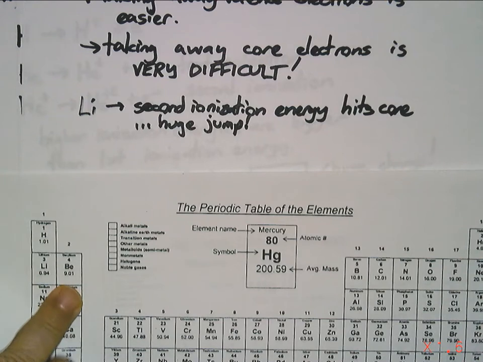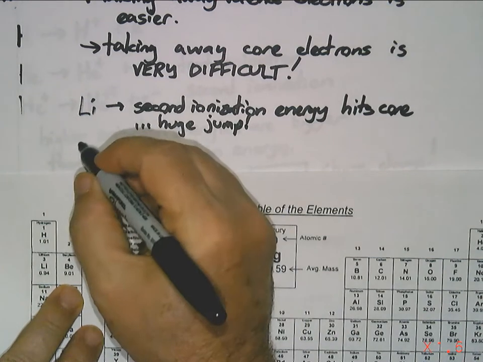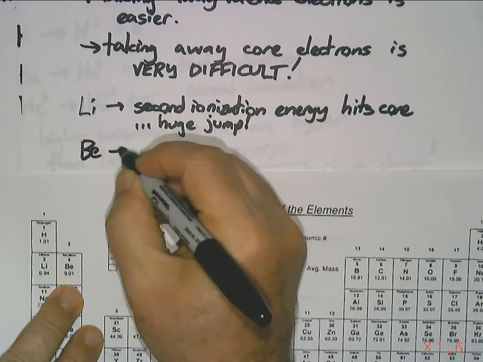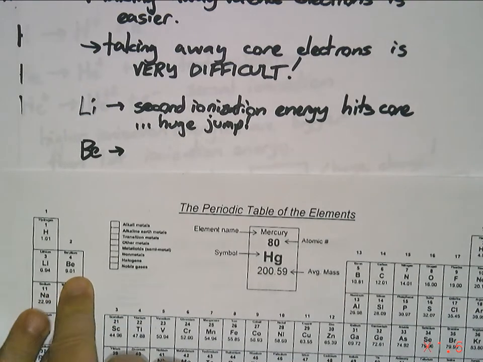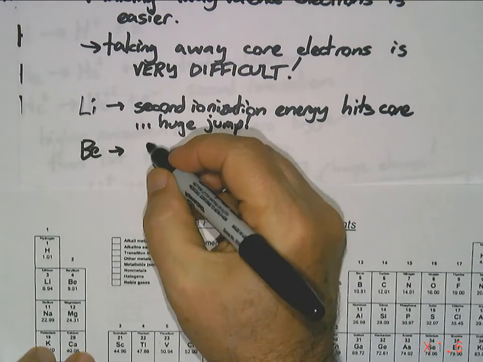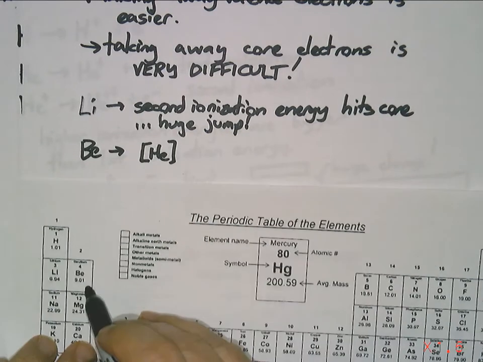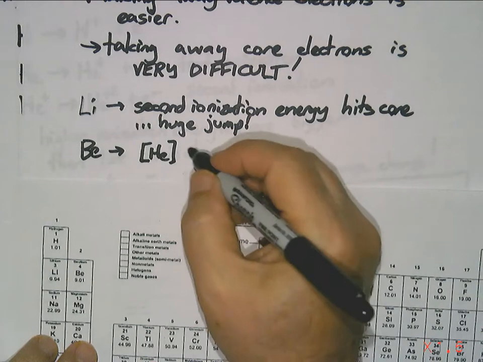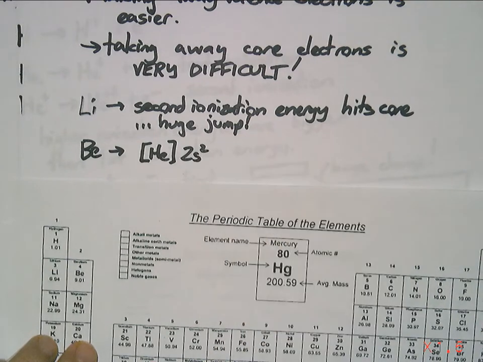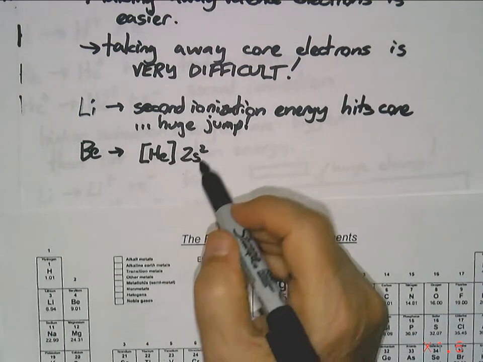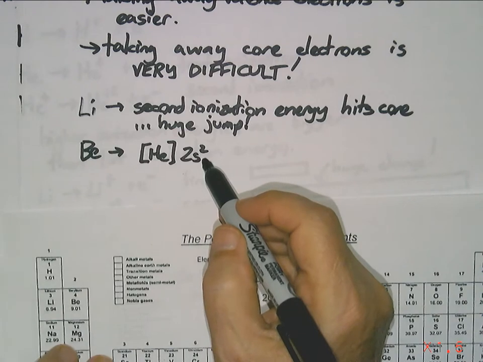But with beryllium, you're going to be hitting the core in a different place. How many electrons can you take off? Look at the beryllium configuration. It's got a helium core, and you've got a 2s2 valence shell. So you can take away 2 valence electrons. It's pretty easy.